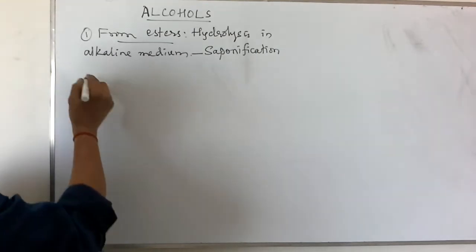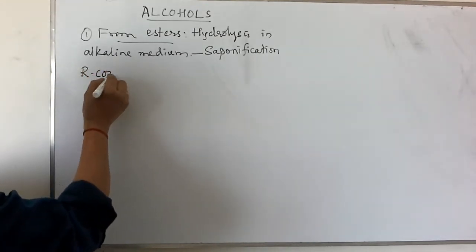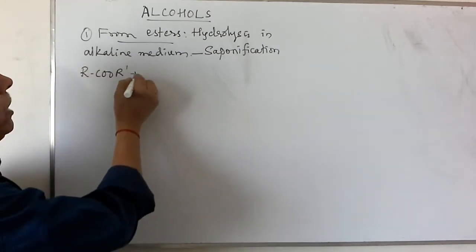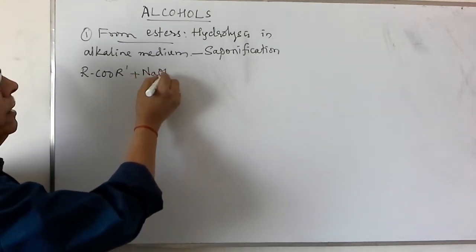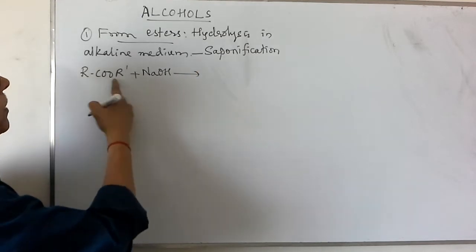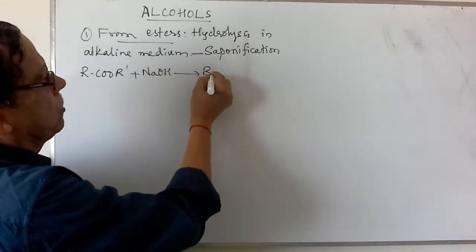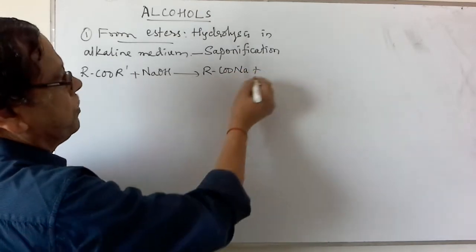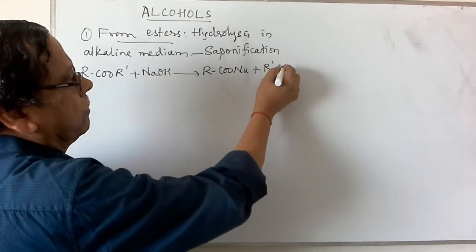For example, when you take an ester like RCOOR', when this is subjected to hydrolysis by using sodium hydroxide, the carboxylic ester is converted to the corresponding sodium salt and the R' group is converted to the corresponding alcohol.